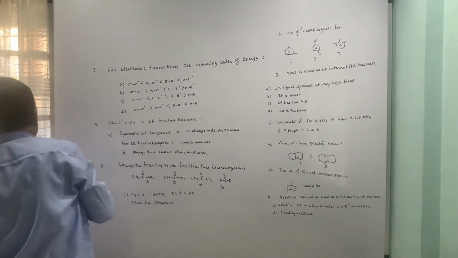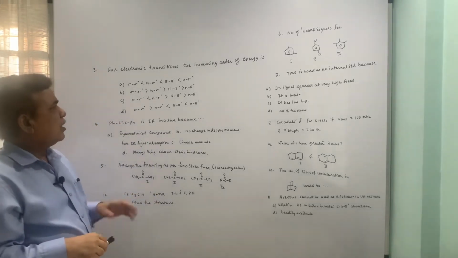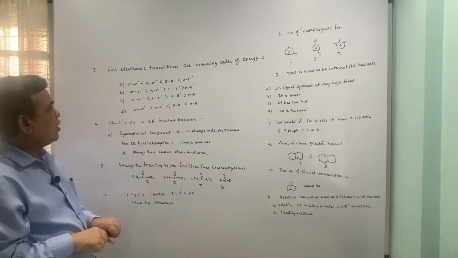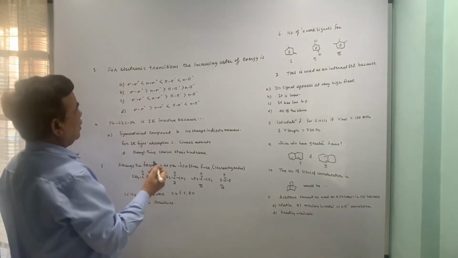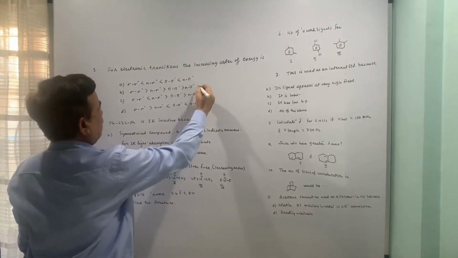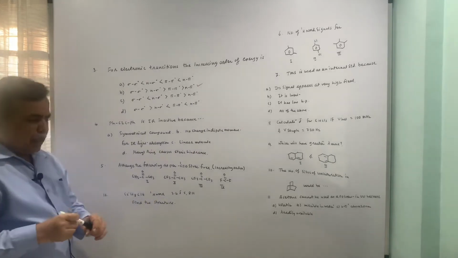Next question is, for electronic transition the increasing order of energy is. Now these are all electronic excitations. So the correct option is this one, energy, not lambda.